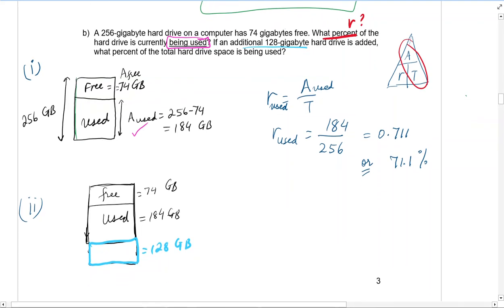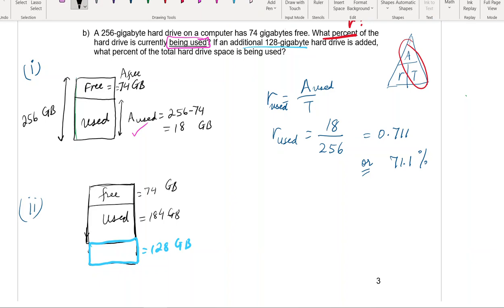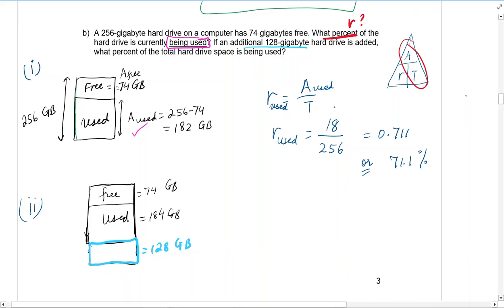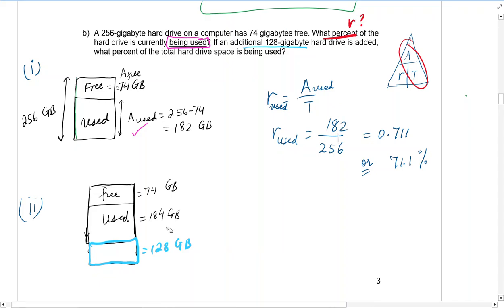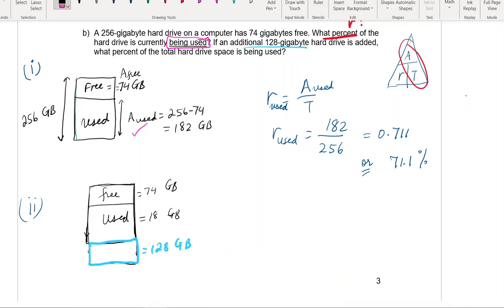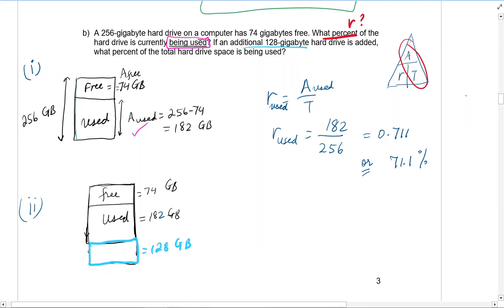So again, they're asking what percent is being used, but here we have to pay attention that the amount used is still, oh, I'm sorry, it was 182 here. I made a mistake. So amount used is still 182. And we have more free amount now.